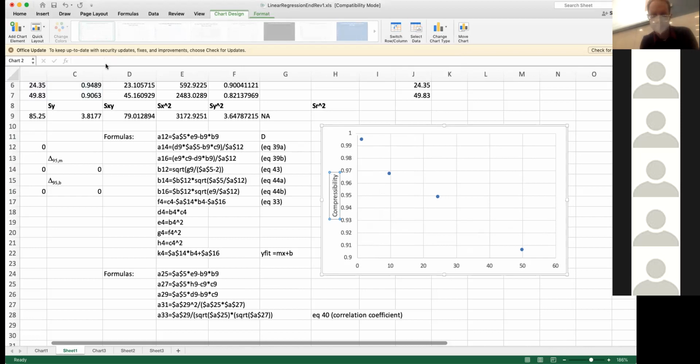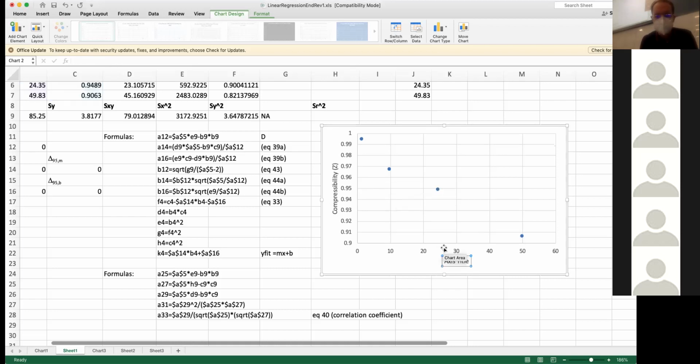Compressibility, which is Z. And the x-axis is going to be pressure. And the units that we had here were atmospheres.